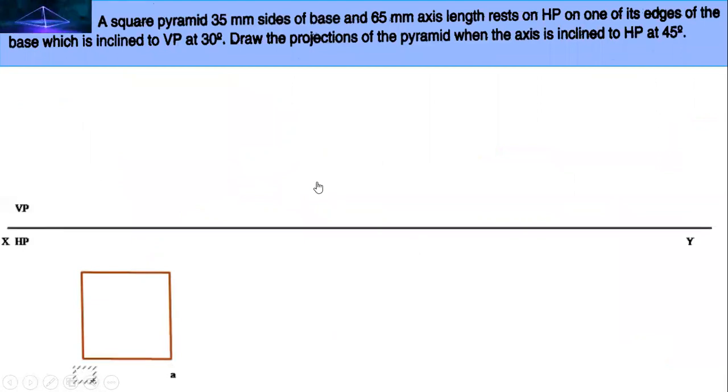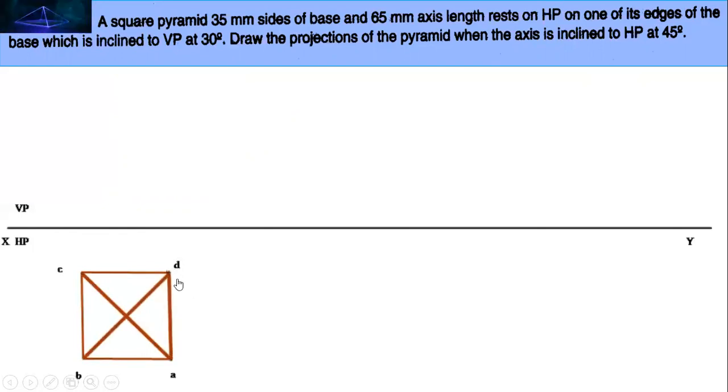So draw XY line, VP and HP. First draw a square pyramid equal to 35 mm. It is resting on the edge AD, whichever comes to the extreme right position, that will be lying in HP.